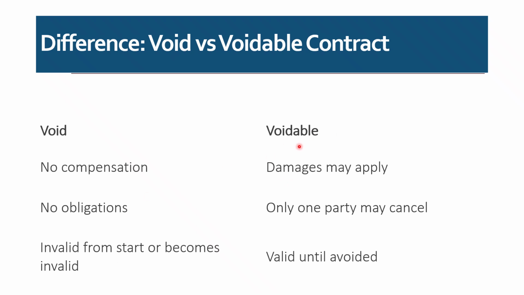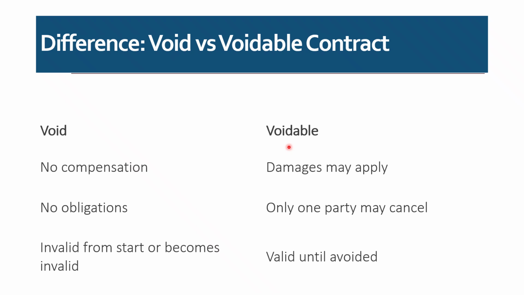What is a voidable contract? A voidable contract is valid unless the aggrieved party cancels it. Only one party is bound here, the other has the option to rescind. Usually it arises due to lack of free consent, such as coercion, undue influence, fraud or misrepresentation.